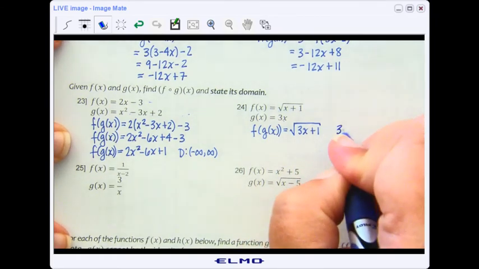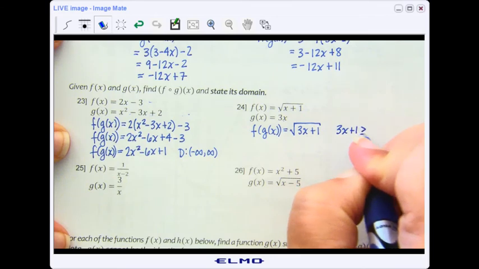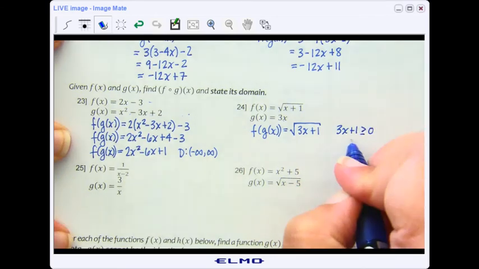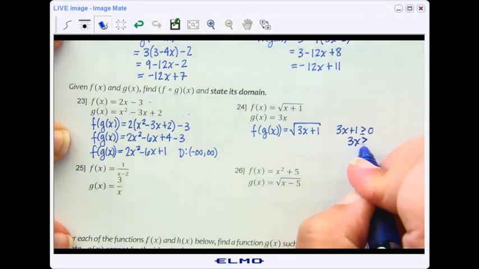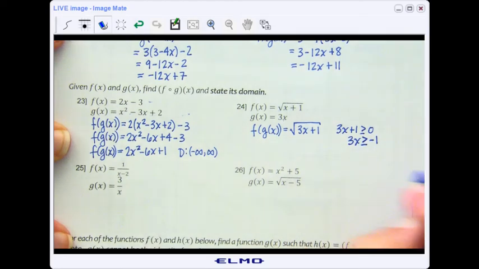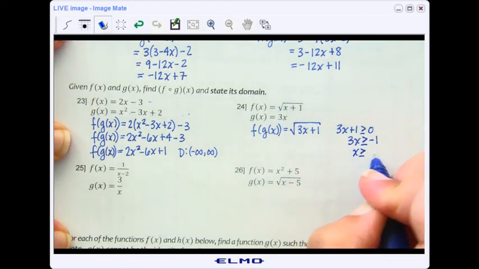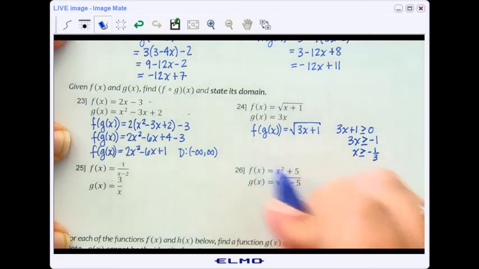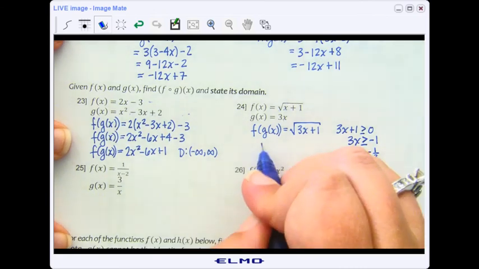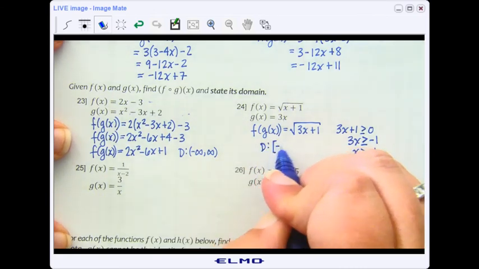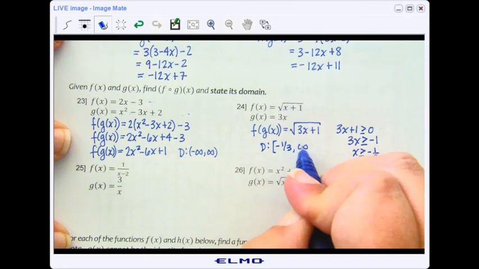So we take our radicand and we make it greater than or equal to 0. This gives me 3x is greater than or equal to negative 1, and x is greater than or equal to negative 1/3. So my domain has to be greater than or equal to negative 1/3. So the domain of this function is negative 1/3 to infinity.